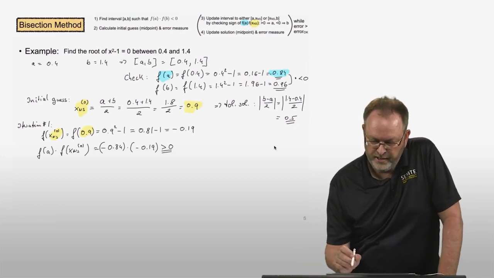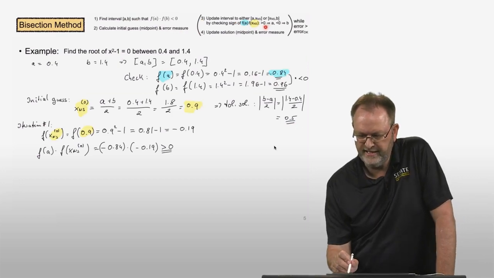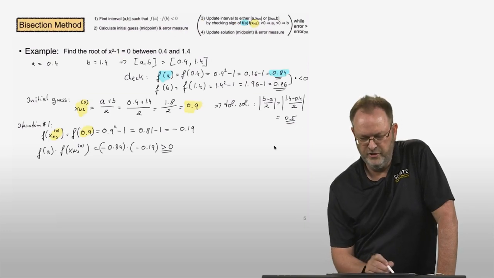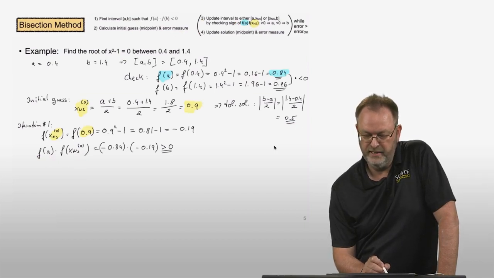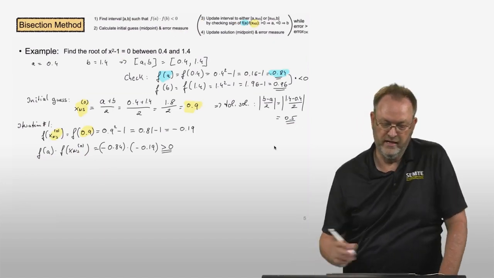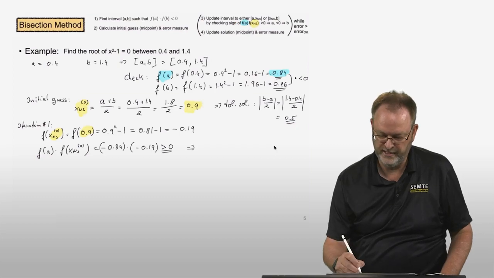Which means now, because this is positive, I am going to set my left bound, because there is no root guaranteed to be in the interval from a to the midpoint. Therefore, the root has to be from the midpoint to the right, to the b value, and therefore my new left bound of the interval has to be equal to my midpoint, which is my numerical solution.